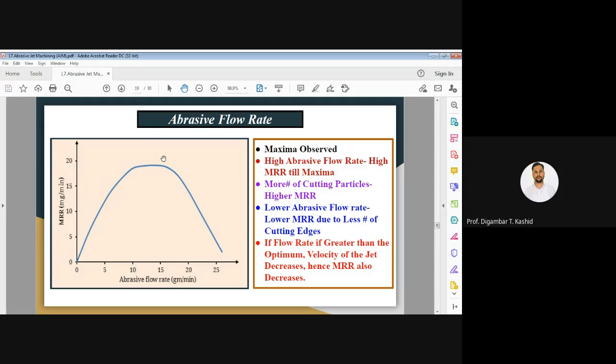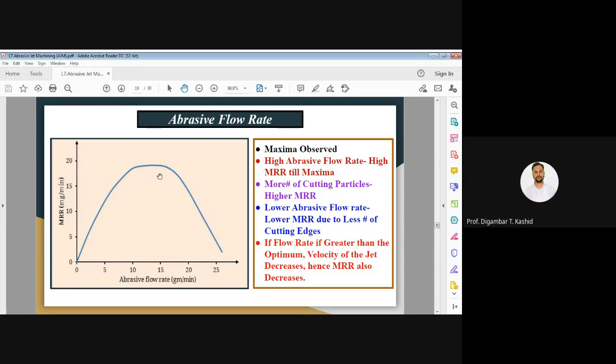Once again I repeat, as you keep increasing the abrasive flow rate, the number of abrasive particles that remove the material keeps on increasing, and as a result the material removal rate is increasing up to the maxima, or this optimum value.